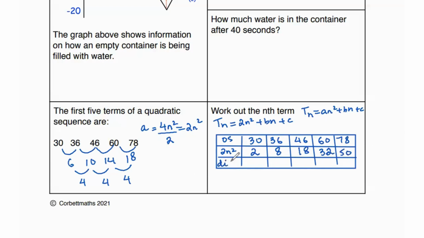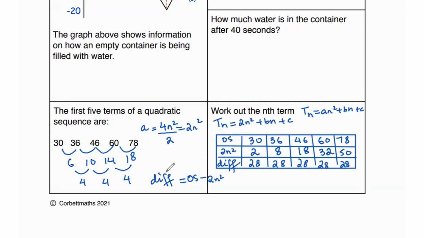Now we find the difference of these terms. For the difference, we subtract 2n squared from the original sequence. So 30 minus 2 is 28. 36 minus 8 is 28. 46 minus 18 is also 28. 60 minus 32 is 28. And 78 minus 50 is also 28.